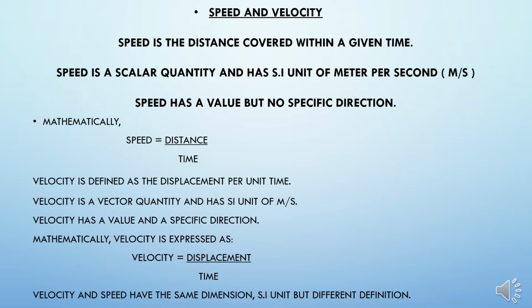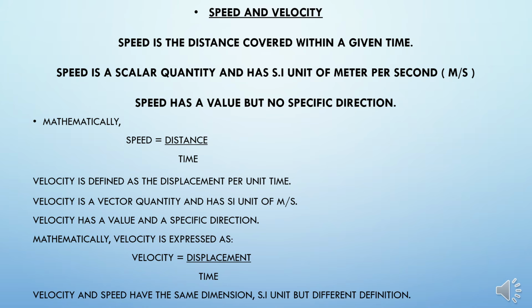Now, velocity. Velocity is defined as the displacement per unit time. So, I can say that the car is moving with a velocity of 30 meters per second in a certain specific direction. Let's stress the mathematical formula for velocity.